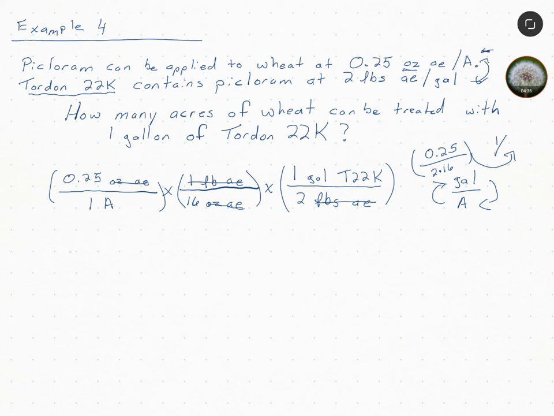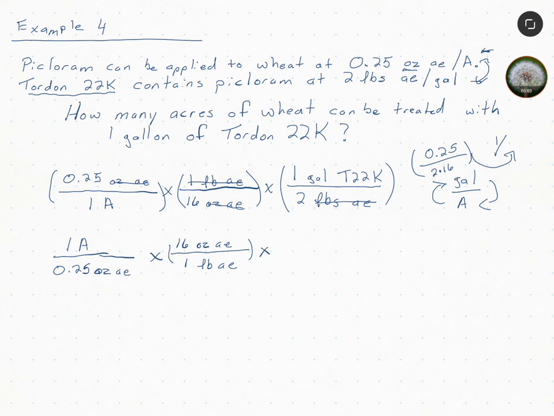And so we can basically take each one of these ratios and express the numerator as the denominator and vice versa. And so we can know that on 1 acre, we want to apply 0.25 ounces of AE. We want to multiply that by 16 ounces of AE in 1 pound of AE. So again, that's our unit conversion. It equals 1.